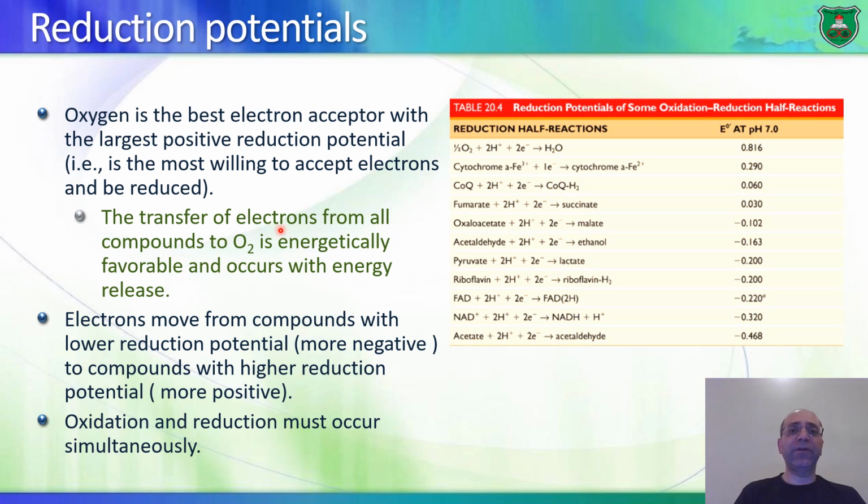So the transfer of electrons from compounds to oxygen is energetically favorable, and that is associated with energy release. So electrons move from compounds with lower reduction potential, that is more negative, to compounds with higher reduction potential, that is more positive.